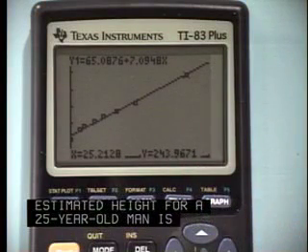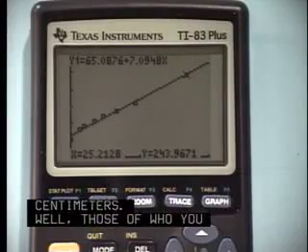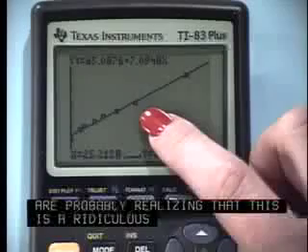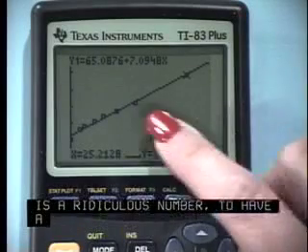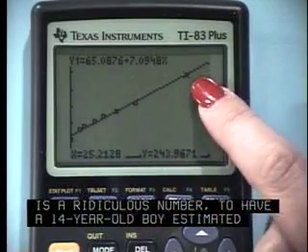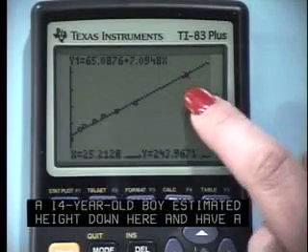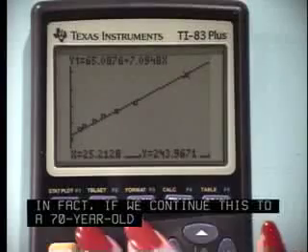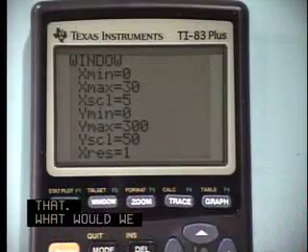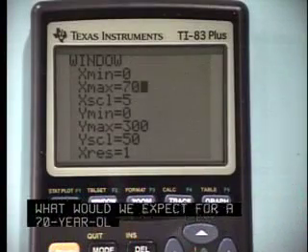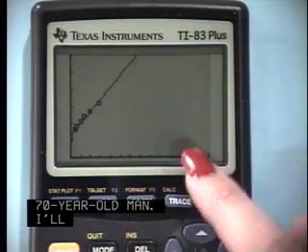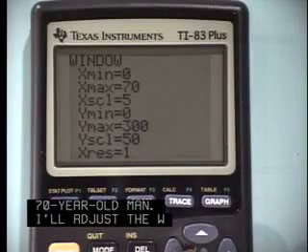Those of you who are proficient with the metric system are probably realizing that this is a ridiculous number, to have a 14-year-old boy's estimated height down here and have a 25-year-old going up. In fact, let's continue this to a 70-year-old man. What would we expect for a 70-year-old man? I'll adjust the window. We'll go to 70, and now we'll graph it. Oh, we can't even do it based on this. We'll adjust it once more.